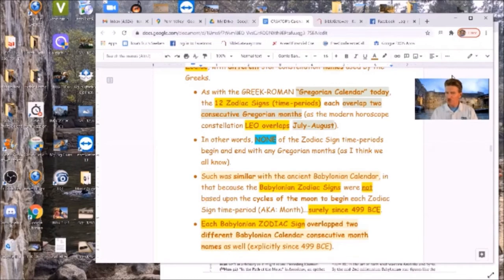But surely since 499 BC, each Babylonian zodiac sign overlapped two different consecutive Babylonian calendar month names as well, just like it does with the Gregorian calendar today.